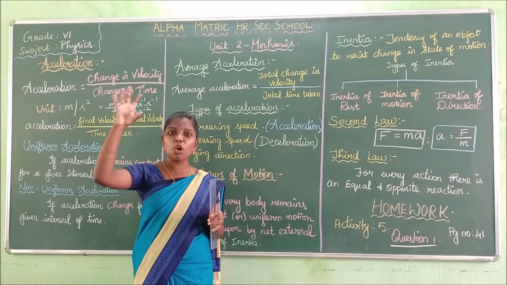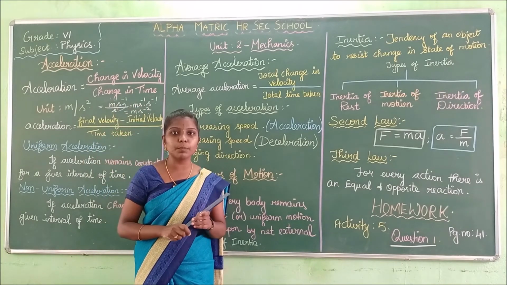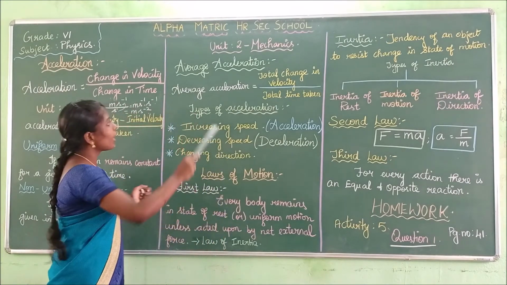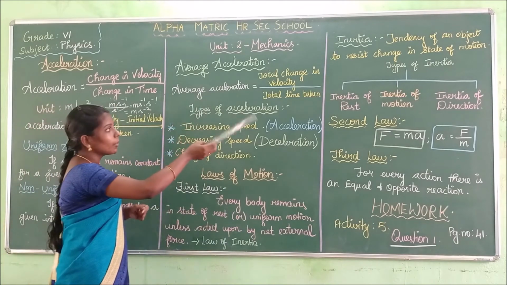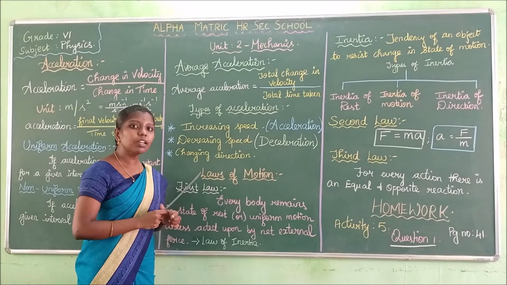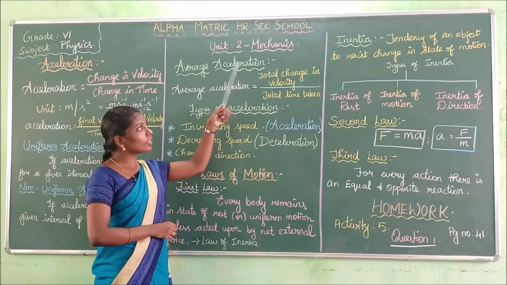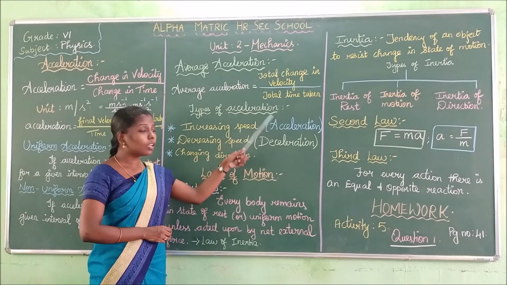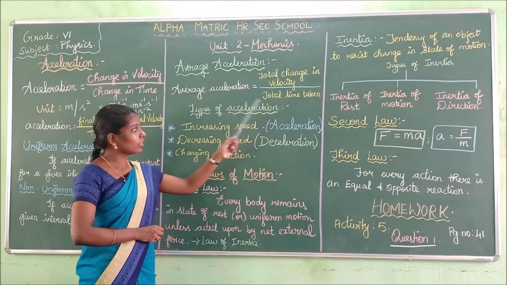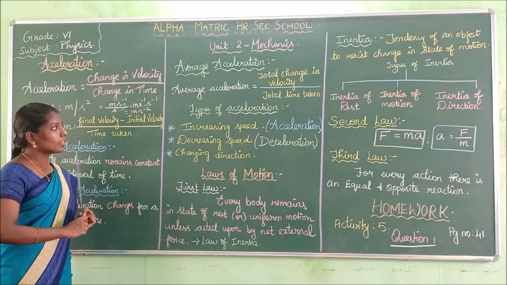You will add all the marks and divide by the total subjects. In the same way, average acceleration is nothing but total change in velocity divided by total time taken. What is average acceleration? Total change in velocity by total time taken. Okay, this is the formula to calculate average acceleration.